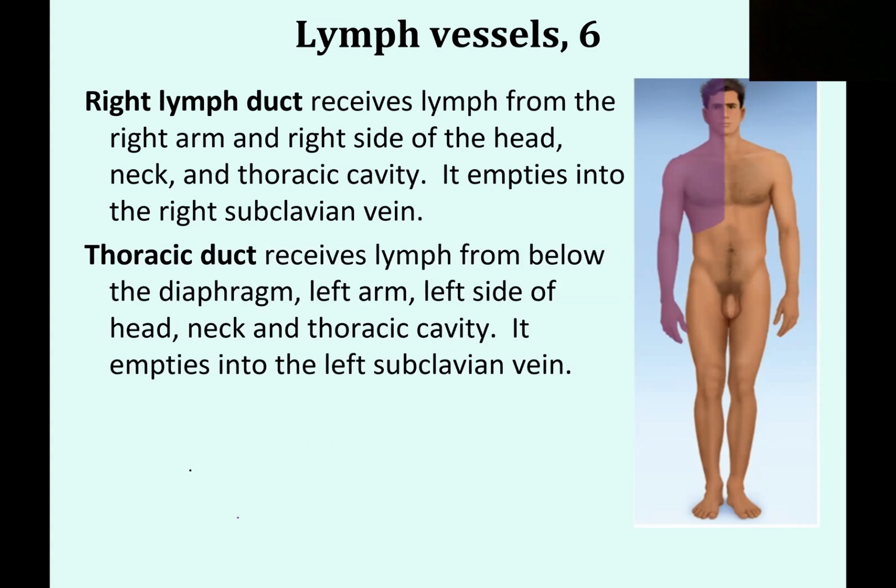The thoracic duct receives lymph from below the diaphragm, the left arm, the left side of the head, neck, and thoracic cavity. That side is going to empty into the left subclavian vein.